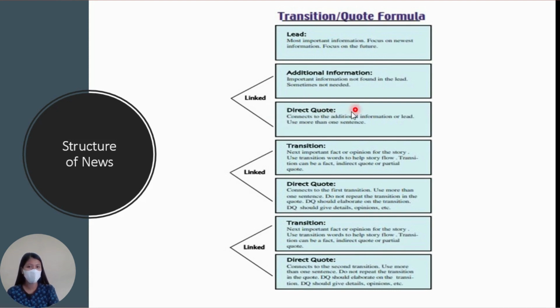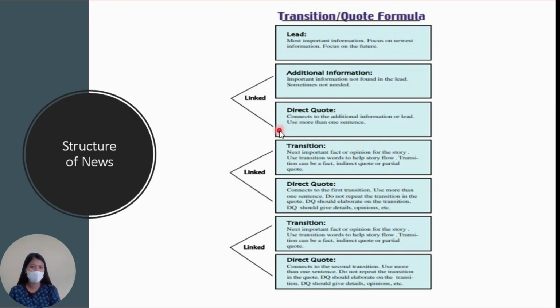So right here, after the additional information or after the lead, you have your direct quote. Your direct quote connects to the additional information or to the lead, and you could use more than one sentence in a direct quote provided that you have written the attribution first before the next sentence.